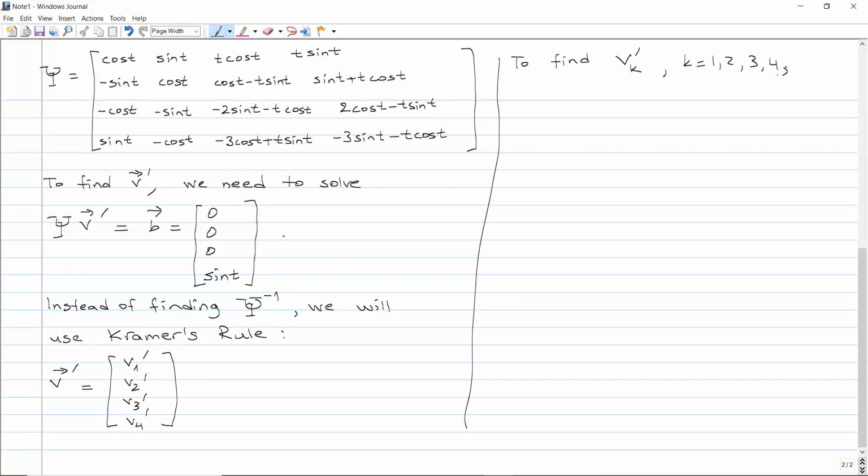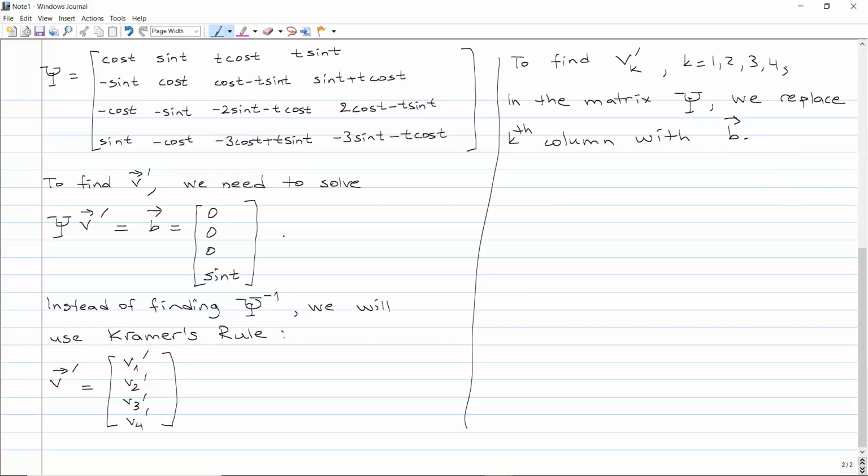To find Vk prime, in the matrix C, the fundamental matrix, we replace the kth column with the column B. So let's say we are trying to find V1 prime.